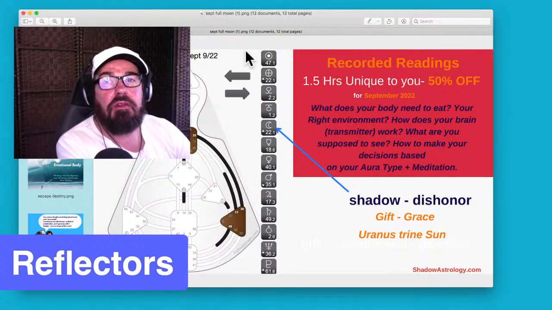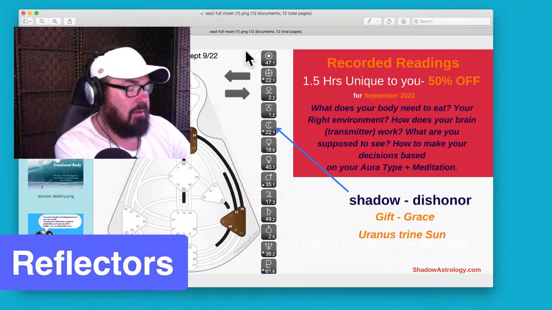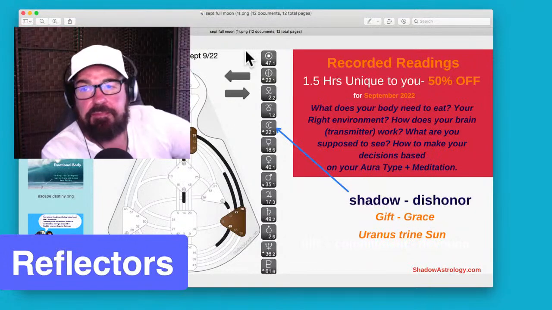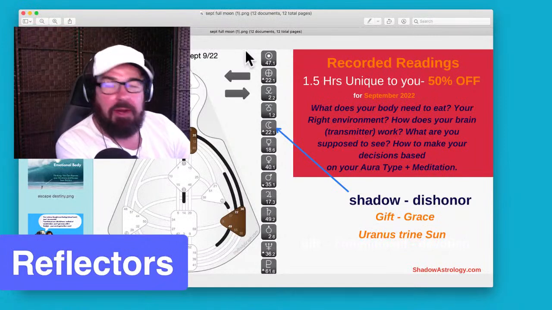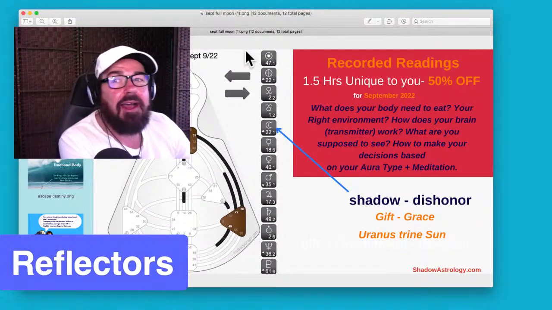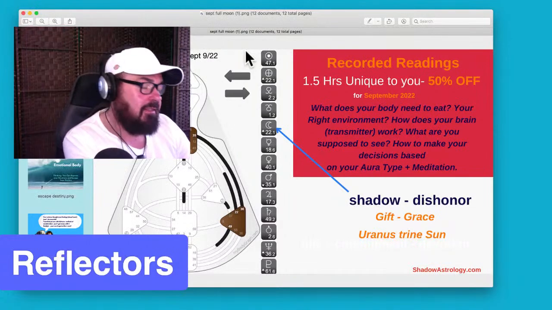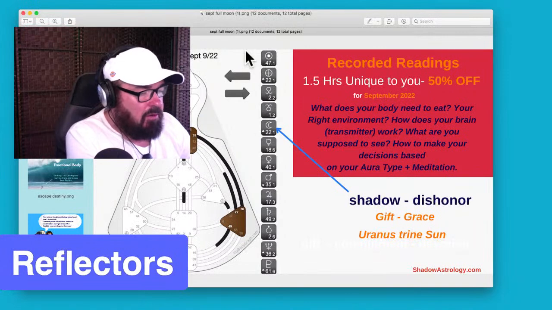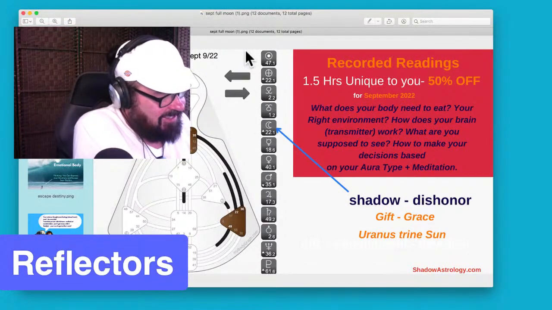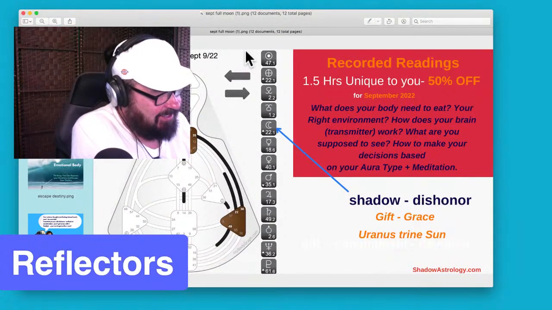Disappointed by their experiences, disappointed by people, and they want to feel surprised and delighted. That's when you're operating correctly. You're surprised by life. You're delighted by people. The people that you meet, you're delighted. Okay, what do we got for reflectors?